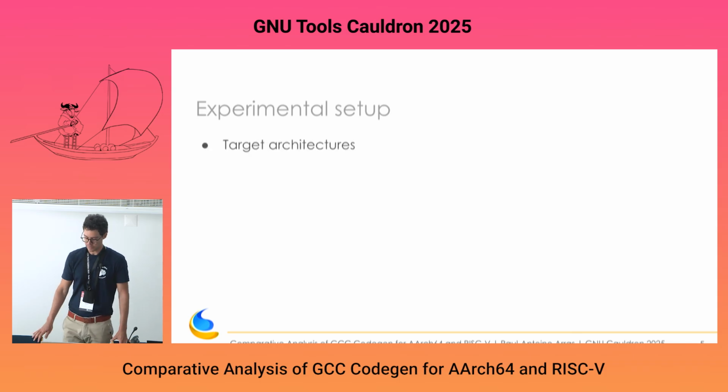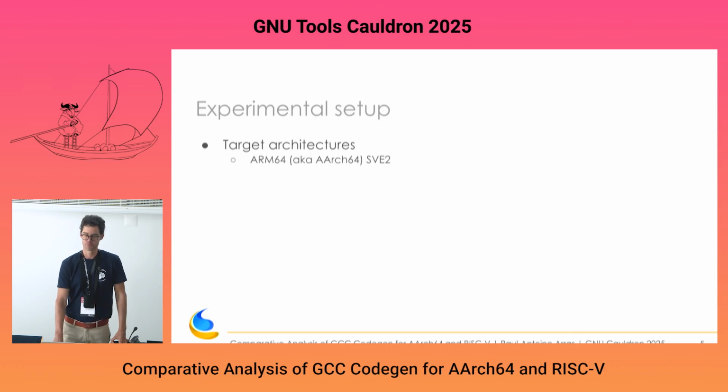So what are the kind of meaningful experiments that we can do in this context to carry out such analysis? So we've got two target architectures, as I said, AArch64 and RISC-V, but more precisely, we're interested in comparing the vector performance between the two ISAs.